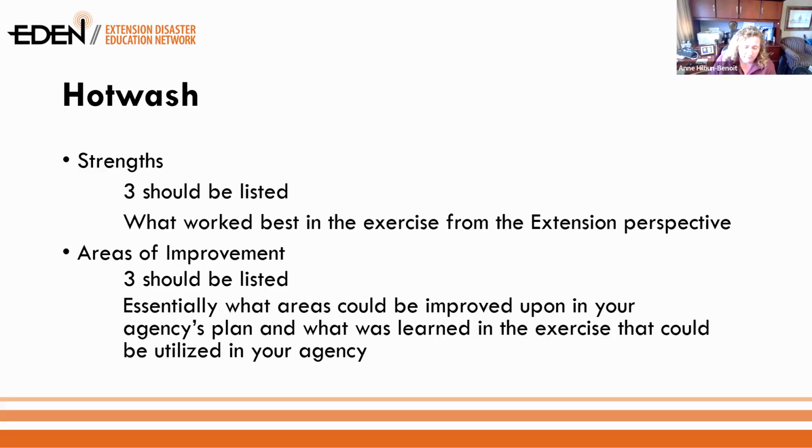You may pick up something from someone else that they're doing that you didn't know existed, and you can take back home and use to improve your own plan. So this really offers an opportunity for all of us to grow together, so that we can strengthen all of our organizations as a whole.